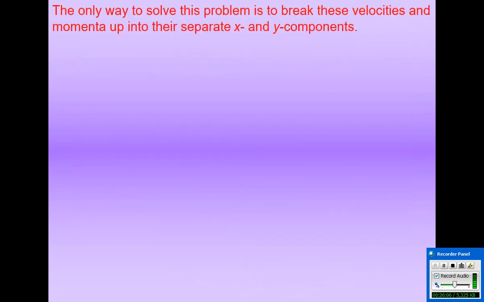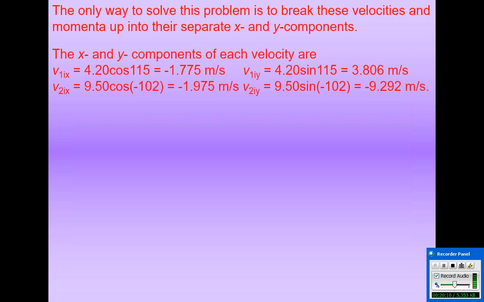We've got to break these velocities into x and y components. So the x component of v1, 4.2 times the cosine of 115, is negative 1.775 meters per second, and the y component is 4.20 times the sine of 115, and that's 3.806 meters per second.